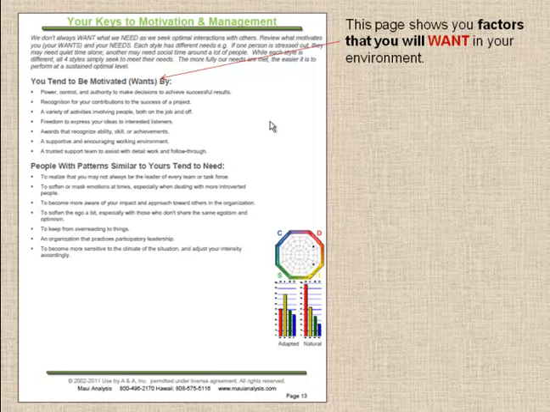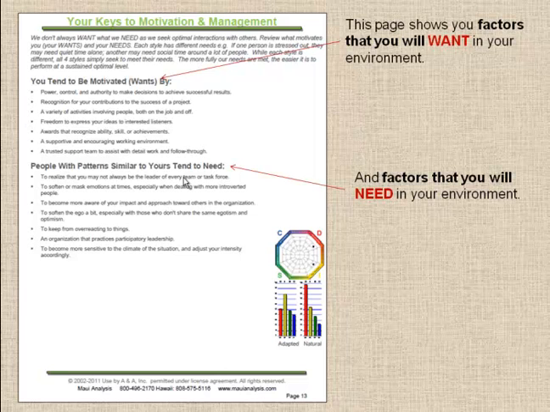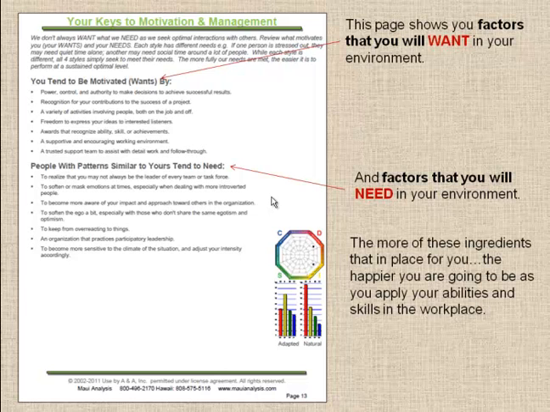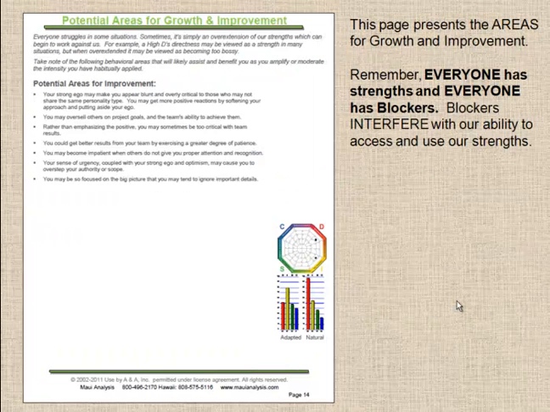Where do I want to adjust my career, etc.? The second half of this talks about the things that you need, the things that will be important for you in this particular environment. The more of these ingredients that are in place for you, the happier you're going to be as you take your knowledge, what you know how to do, and leverage it across the projects that you're working on as you have to interact and work with other people.